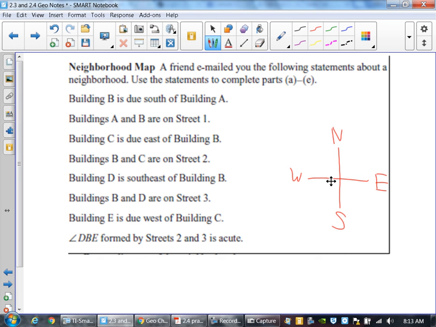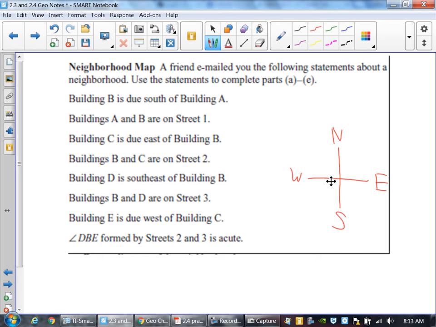Building D is southeast of building B. Now, if you're southeast, what way are you going? Down and right, towards Florida. Southeast is on an angle between south and east.